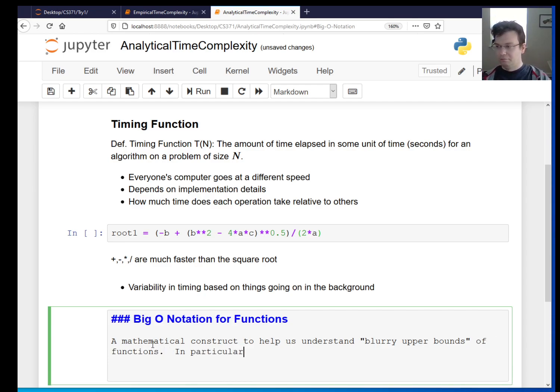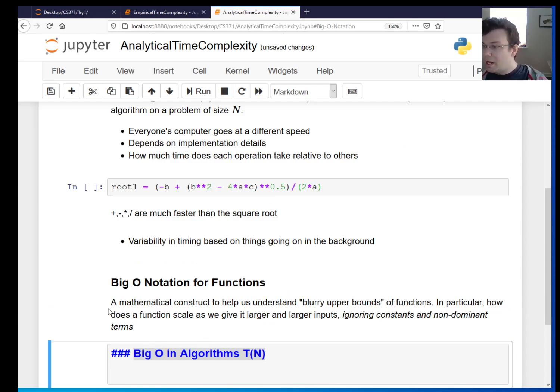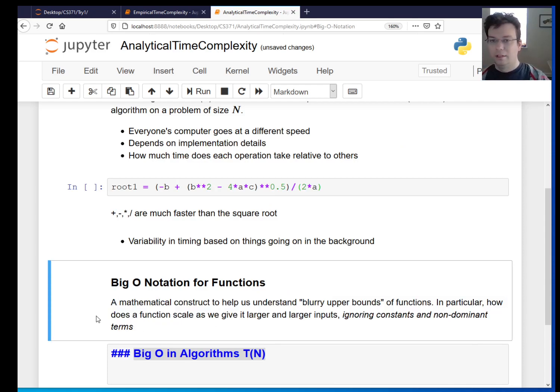In particular, how does a function scale as we give it larger and larger inputs, ignoring constants and non-dominant terms? This is not a mathematical definition. This would not be satisfactory to mathematicians. It's not precise enough. But before I give the precise definitions, I'd like to spend some time giving intuition.